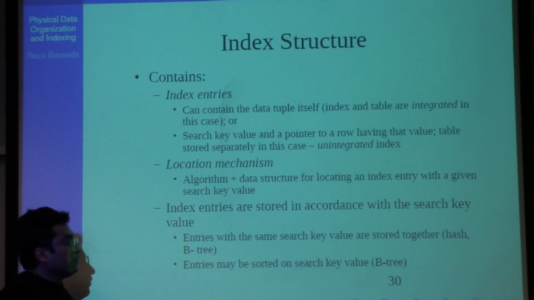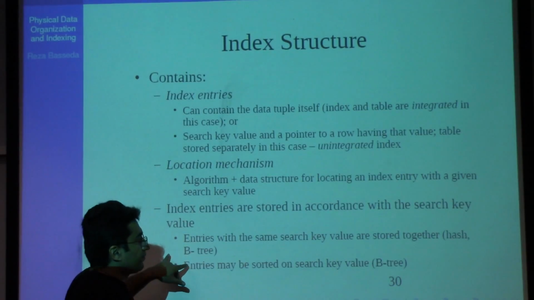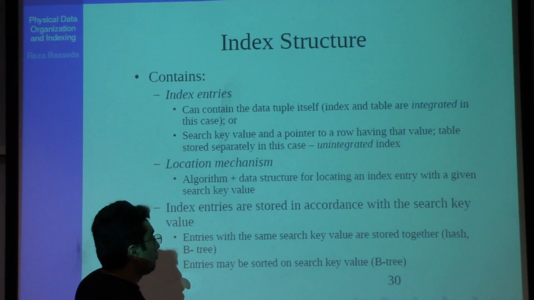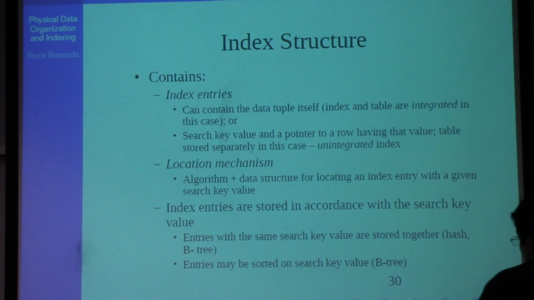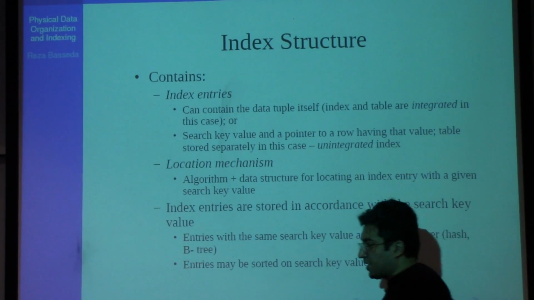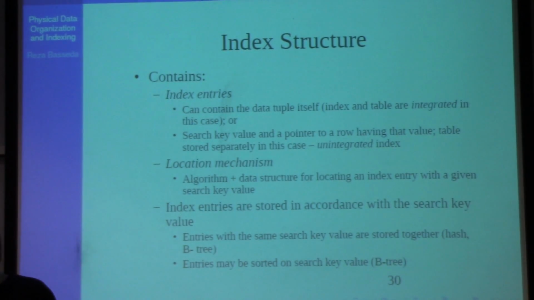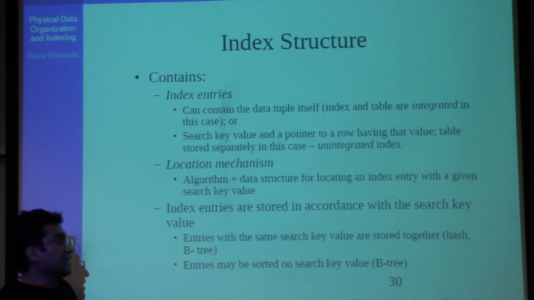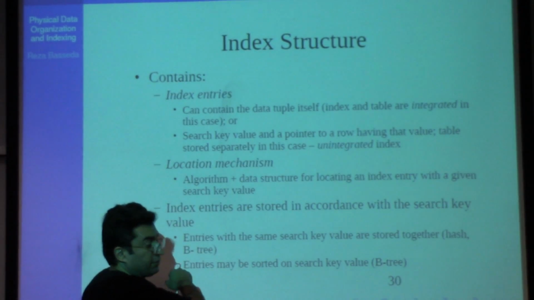Okay, so index entries can be stored according to the search key, or they can be completely independent. So, in some cases, for example, for hash tree and hash map and B tree, the entries can be sorted, and entries and search key can be stored all together, okay?